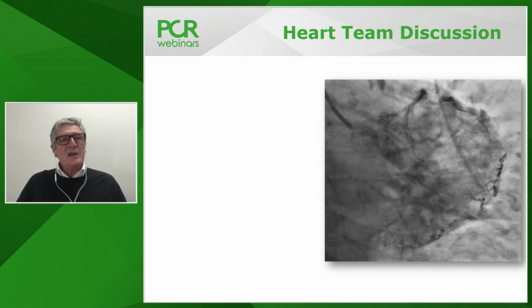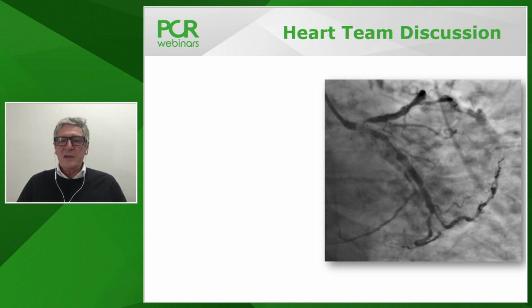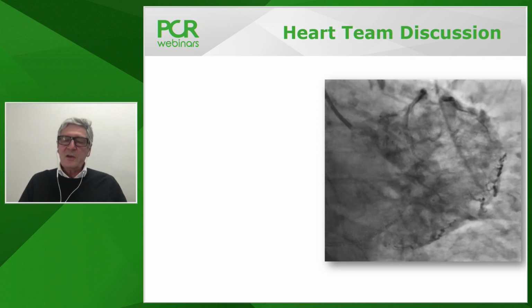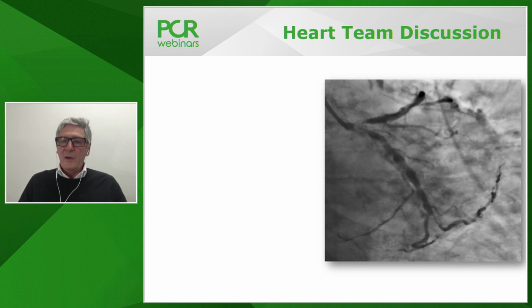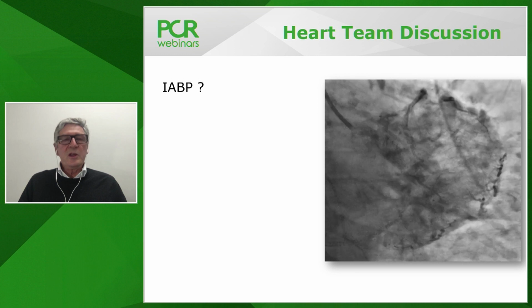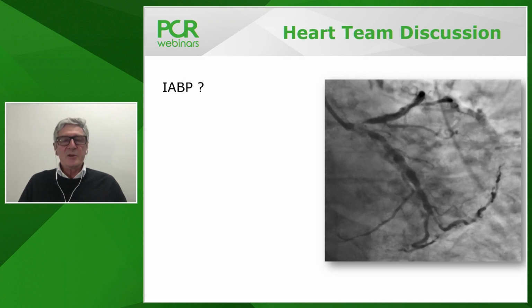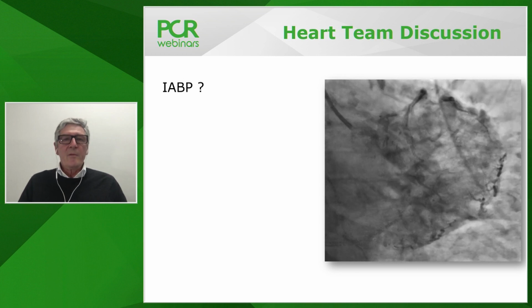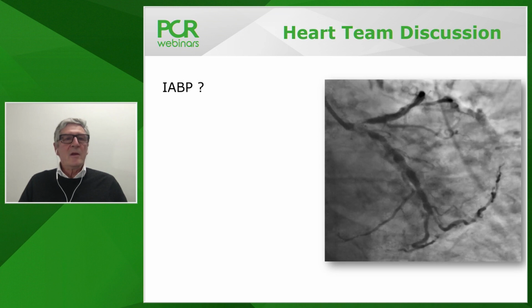So maybe we can start to discuss about the strategy in this case. The first point is, should we use intra-aortic balloon pump in this particular case? I don't know what you think, Goran.